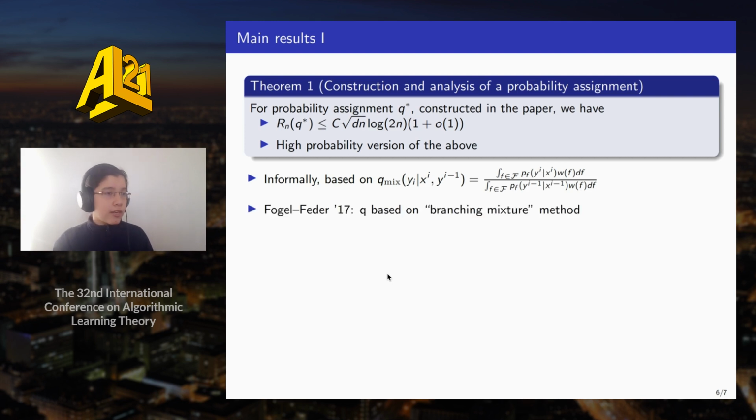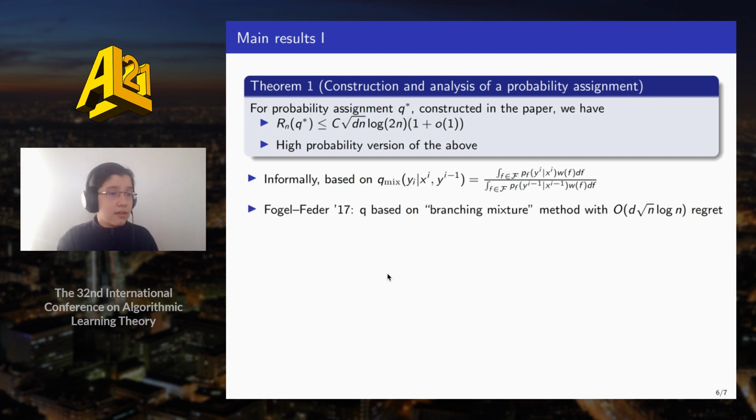So Fogel and Feder, who introduced and first studied this problem in their work, also did propose the idea of using such a Bayesian mixture, but in their main result, they ended up constructing a probability assignment based on the idea of a branching mixture method, which seems to be quite different from the one that we ended up using.